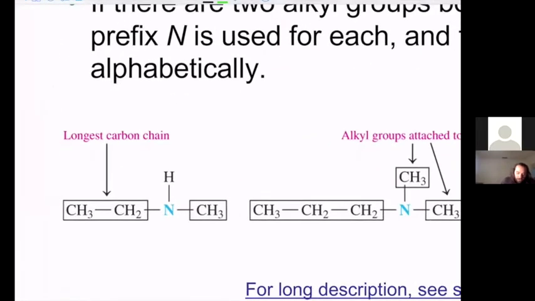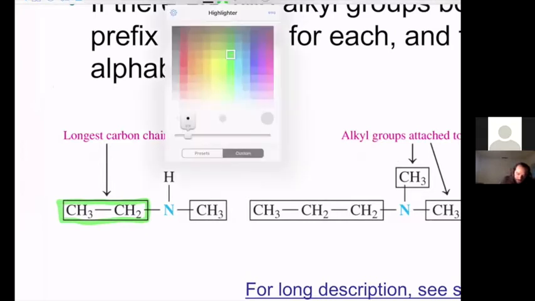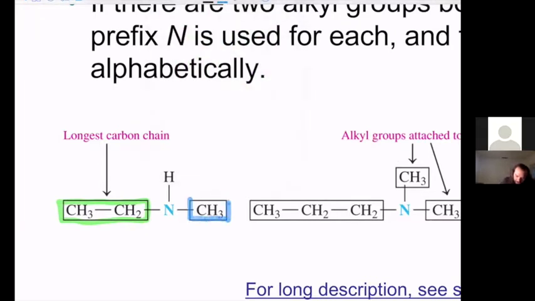So first of all, you're going to look on either side, right? Look at either bond of the nitrogen. We're going to compare this one and this one, and we have to figure out which one is our parent chain. That's going to be whichever one is longer. In this case, the green box has 2 carbons, the blue box only has 1.